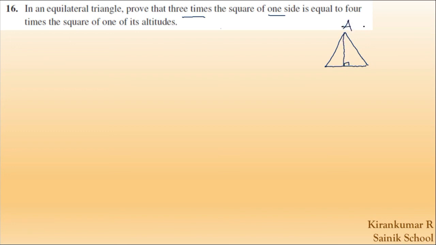If I mention the triangle as ABC and the altitude as, say, AE, we have BE equal to EC. This is A by 2 if I consider each side to be A units. This is because in an equilateral triangle, the altitude acts as a median.